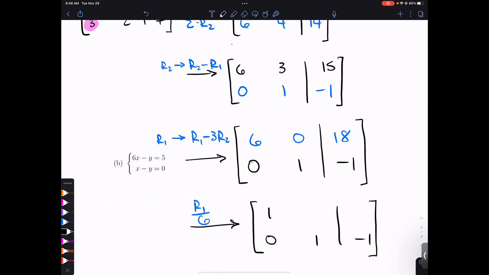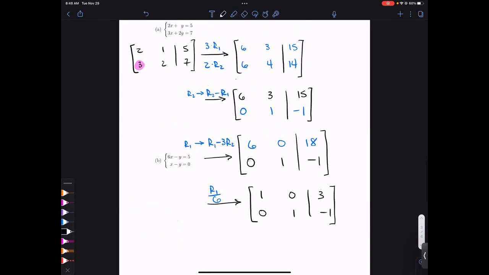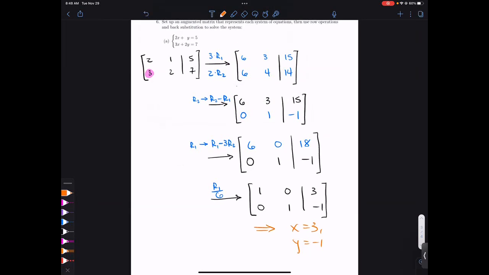Divide by 6, 1, 0, 3. That again is reduced row echelon form, right? That's all the way down. And again, that tells us that x equals 3 and y equals -1.